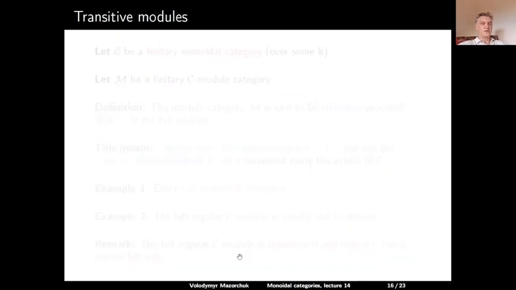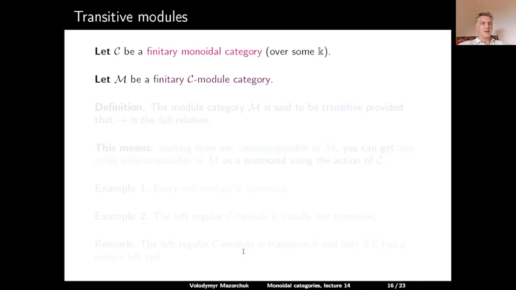We can use this relation arrow to define transitive modules. So let C be a finitary monoidal category and M a finitary C-module category.